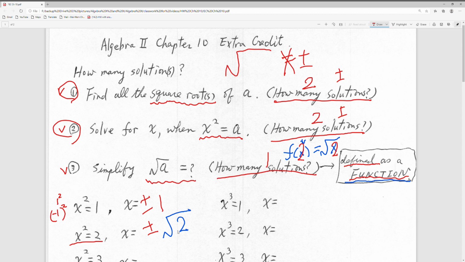If you say this is 2 answers, wow, it's not a function. One input has exactly one output. So positive or negative, the mathematicians chose for you. This square root represents the positive solution.